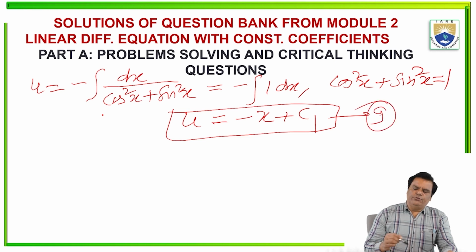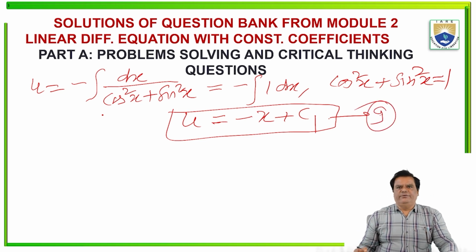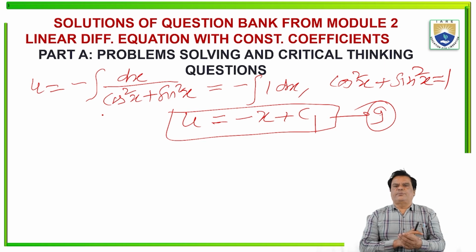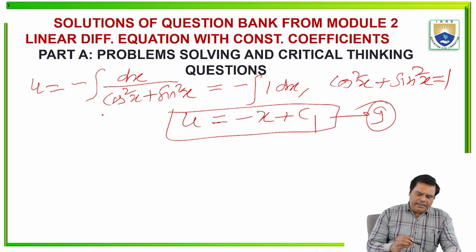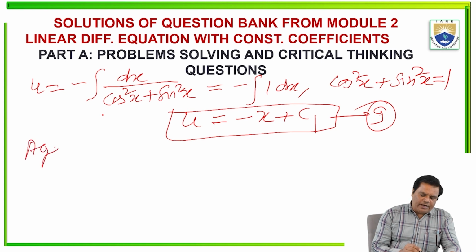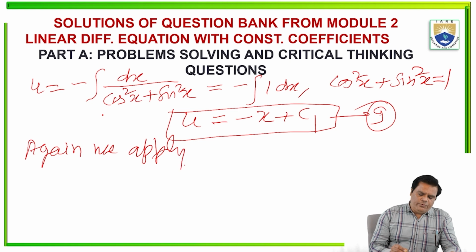We can find u with the help of given formulae, which we proved in the procedure of applying the method of variation of parameters. Again we apply the formula to find v.